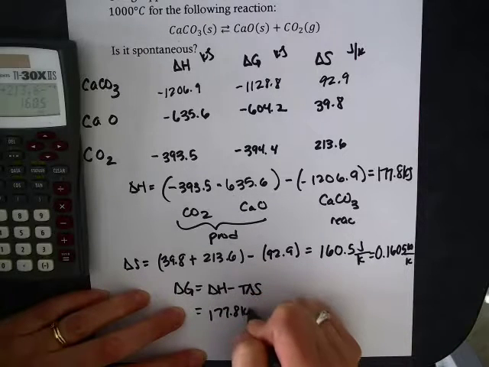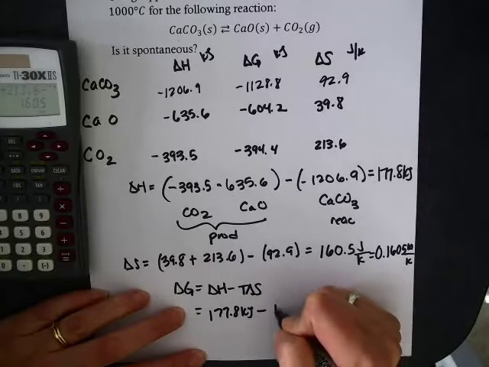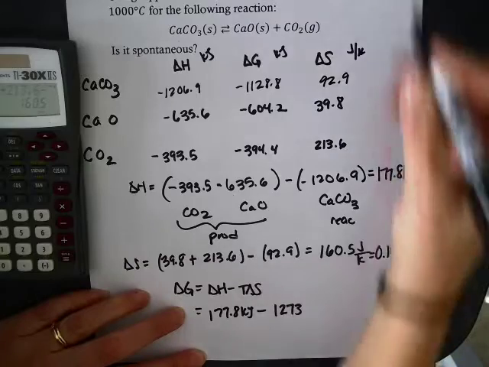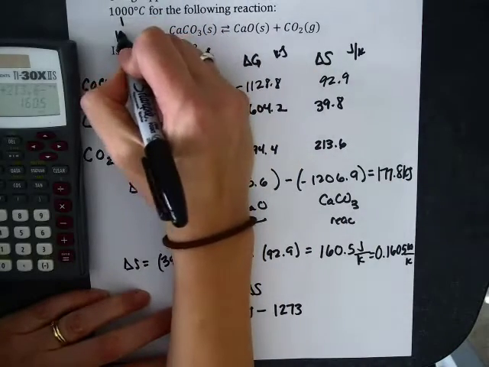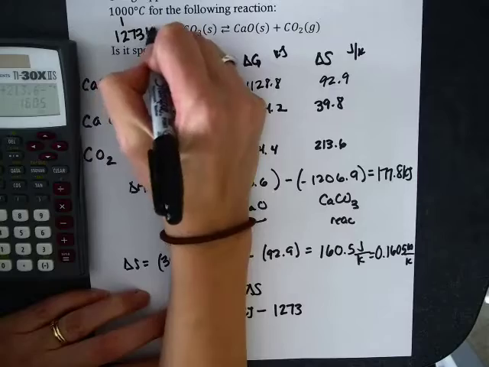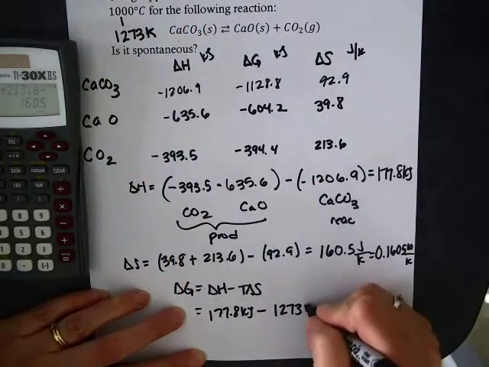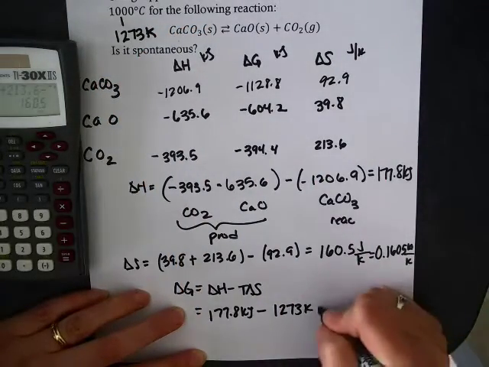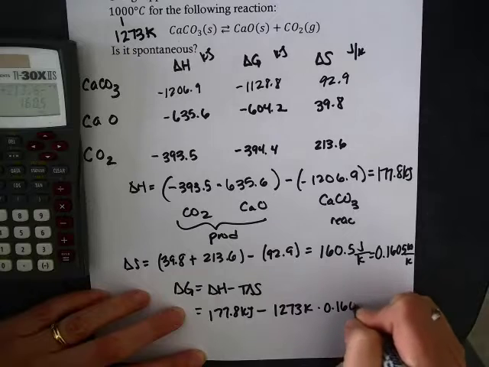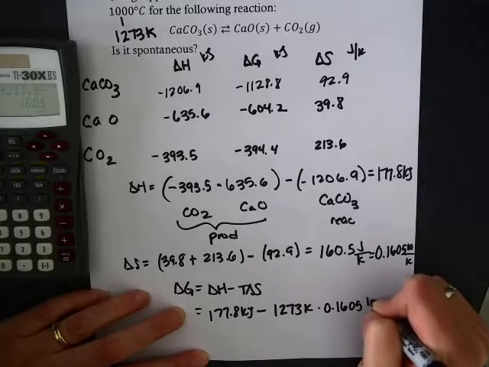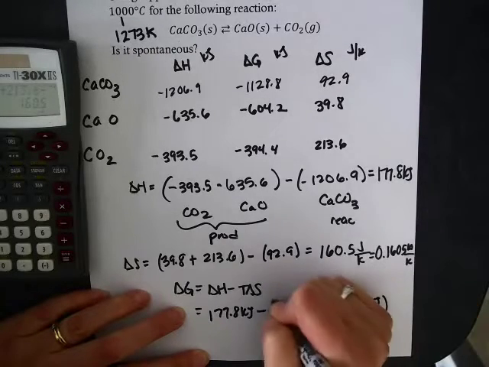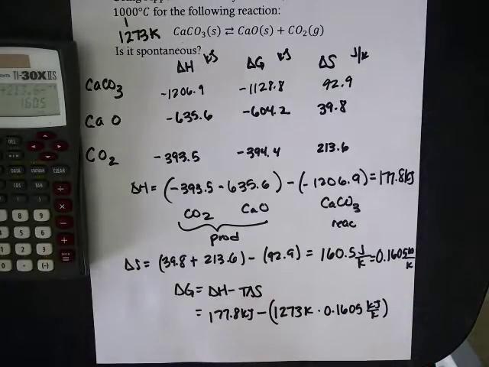So delta H minus T delta S, put in my delta H. For my temperature, it has to be in Kelvin, even though it was already a big number. That was not Kelvin, so I'm adding 273 to it and getting 1,273 Kelvin. And then I'm putting in my delta S in kilojoules so that when my units cancel, I'll have my Kelvin gone and I can add kilojoules and kilojoules together.